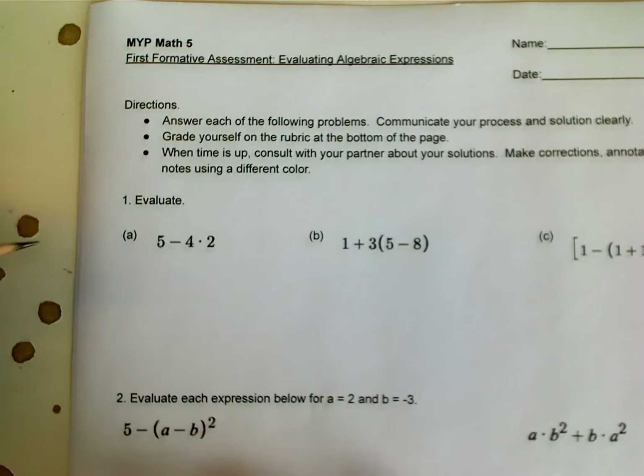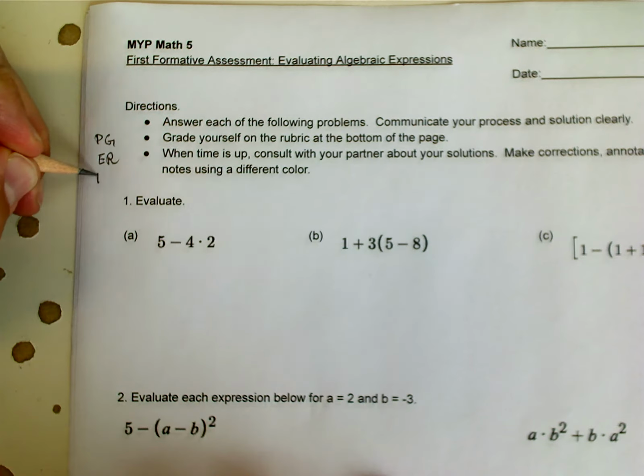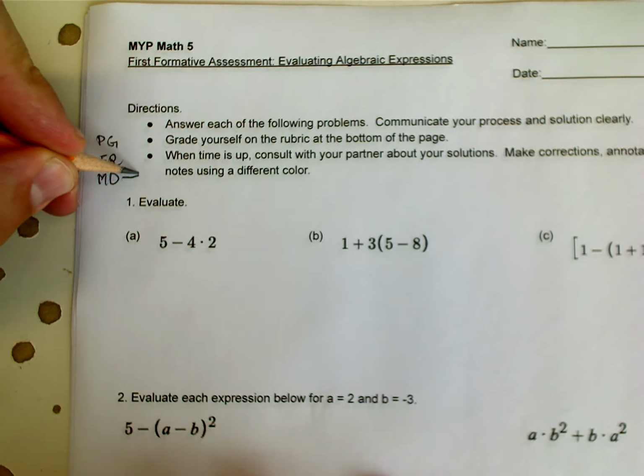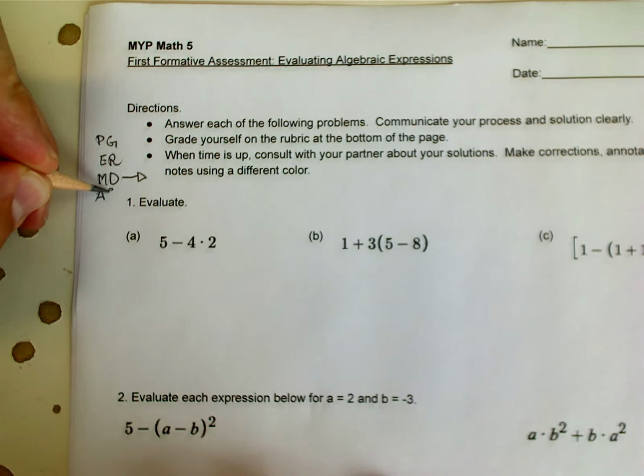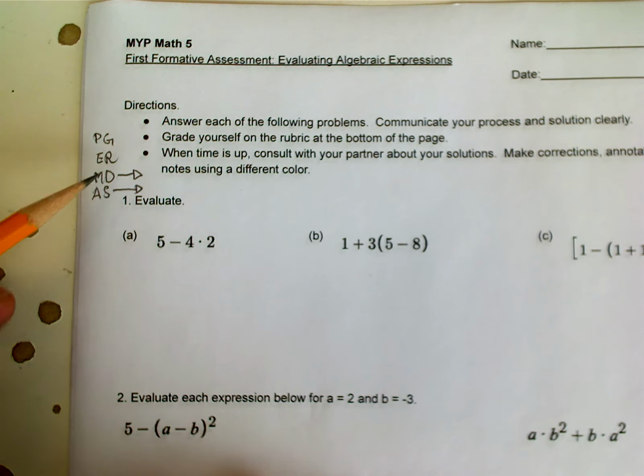I like to remember those as parentheses and grouping, exponents and roots, multiplication and division from left to right, adding and subtracting from left to right. Okay, so it's a little more complicated than the typical mnemonic device that we use. But anyways, according to this order, we're going to multiply and then we're going to subtract.